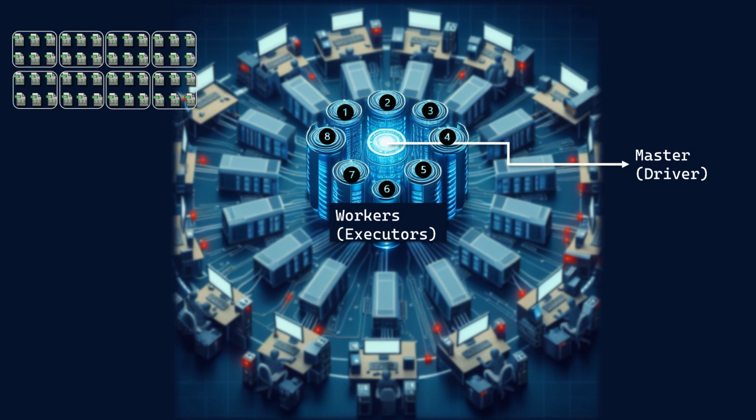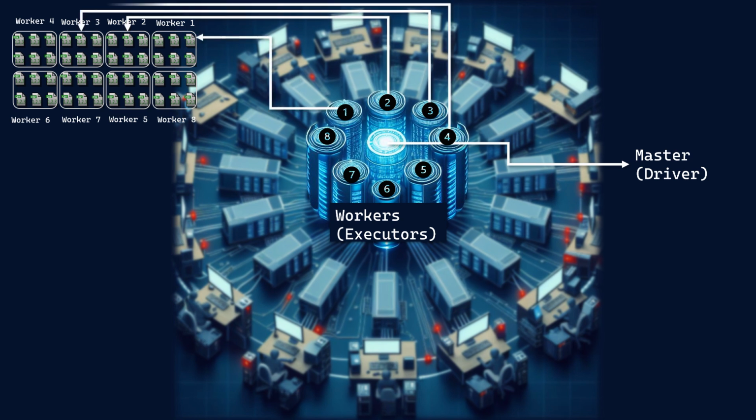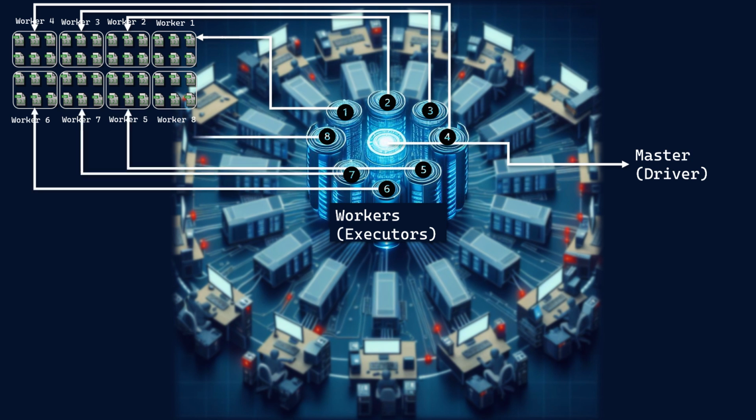These are always logical chunks, not physical chunks. It assigns each worker a respective chunk from that data. When the execution starts, each worker executes on its own chunk of data and gives us the result back. Distributed data processing is a technology in itself, and I have created a dedicated separate video on it. So please feel free to check that out.